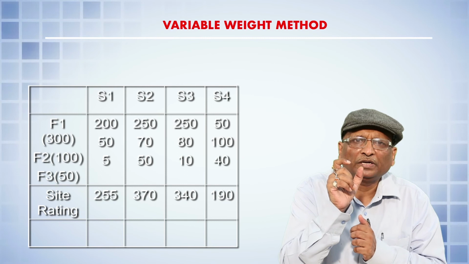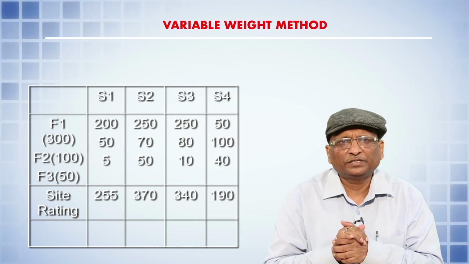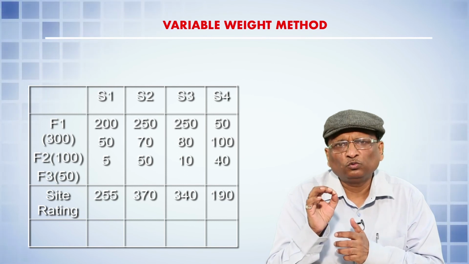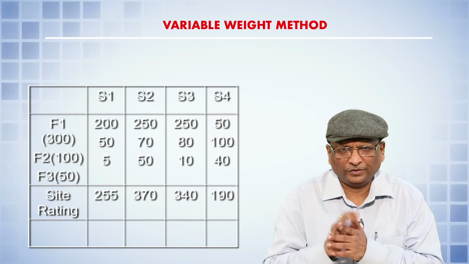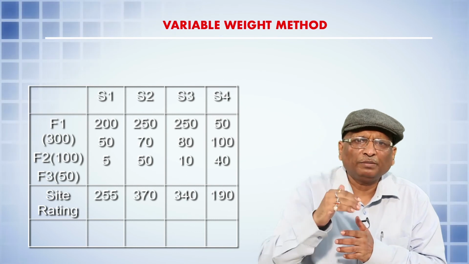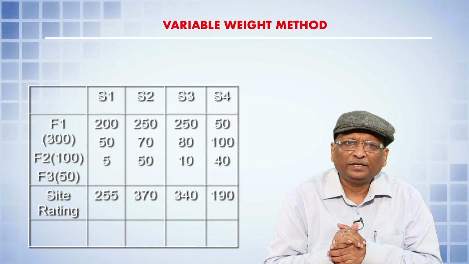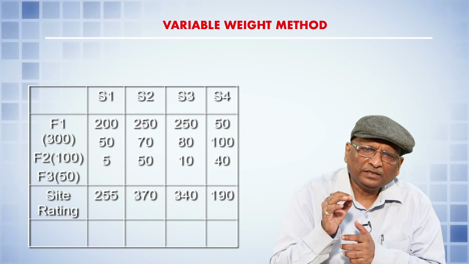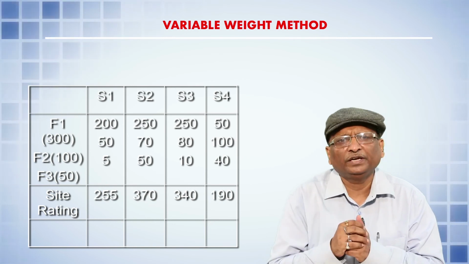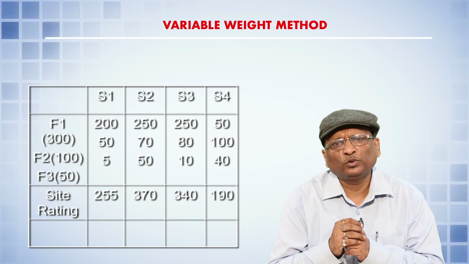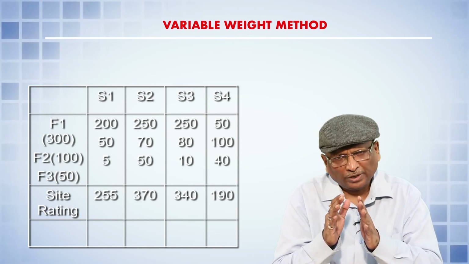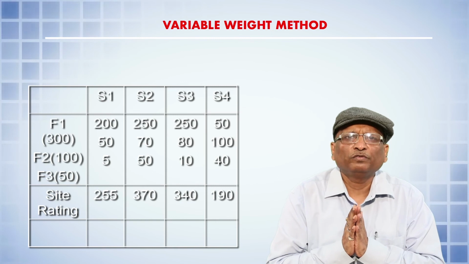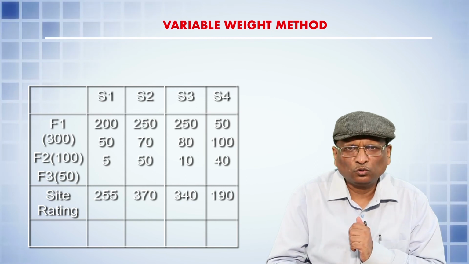So, the total sum for site 1 is 200, site 2 250, 250 and 50. Now, if you sum up, you will find that site 2 is in a better position and scoring the highest among all the sites. So, we will go for site 2.